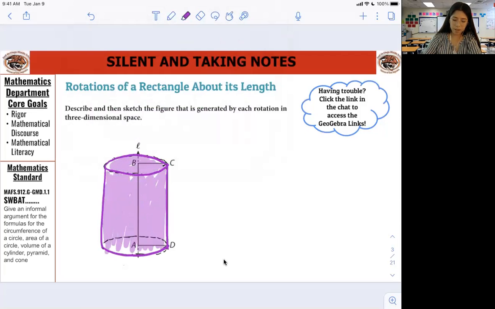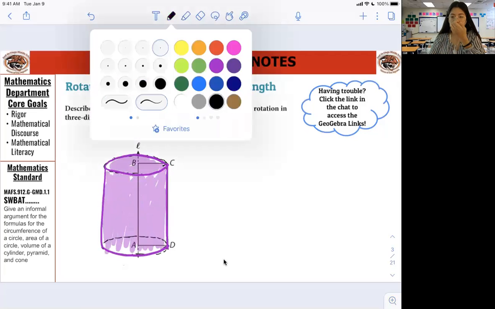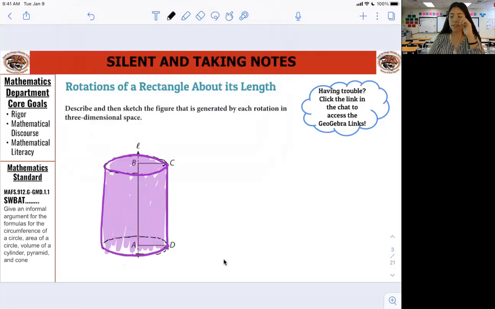All right, so I'm going to write it out again. And the reason I'm writing it out is because this is how you might see it in a word problem. And you guys know that they love to give you word problems without any pictures at all. So it's important to see what that looks like.